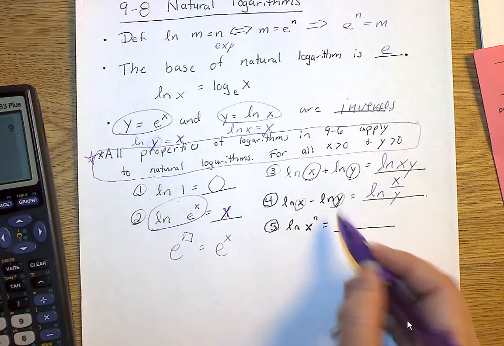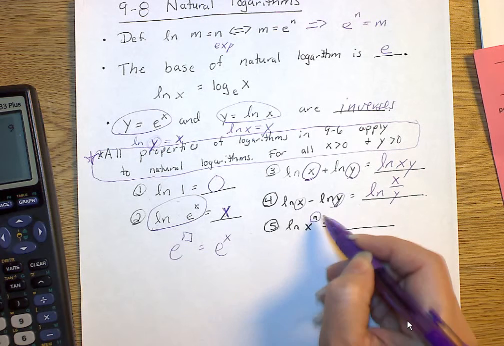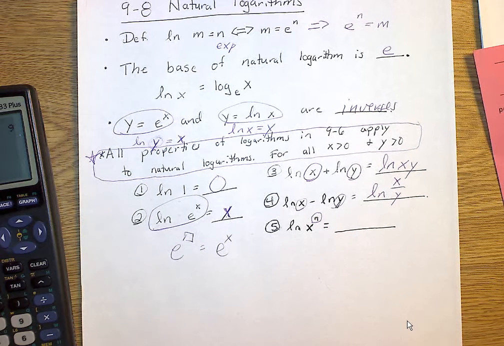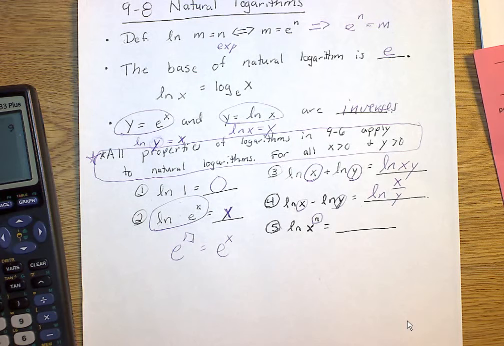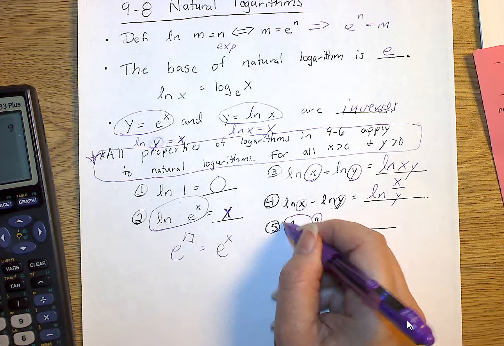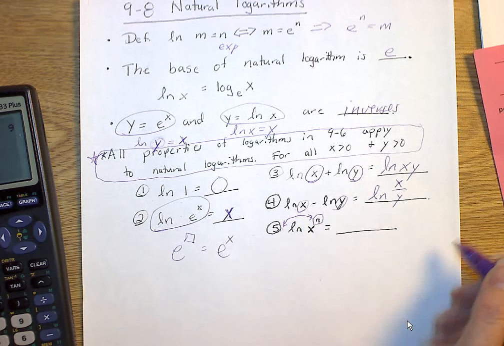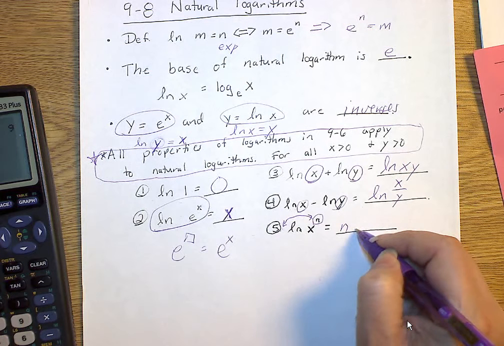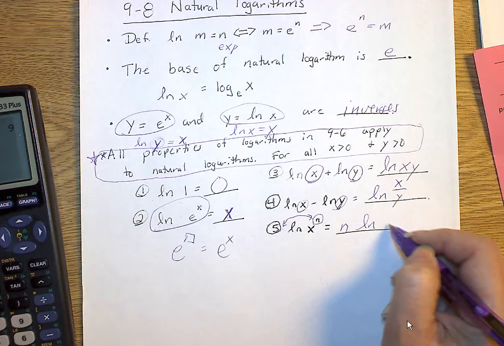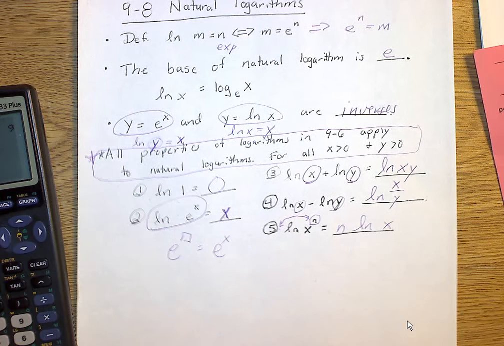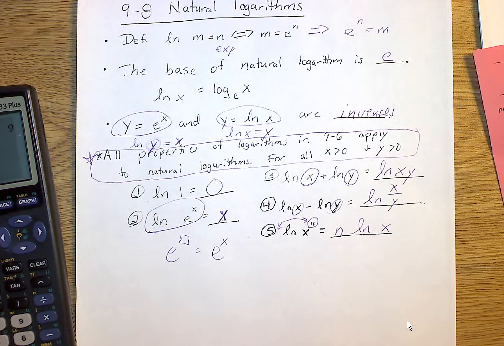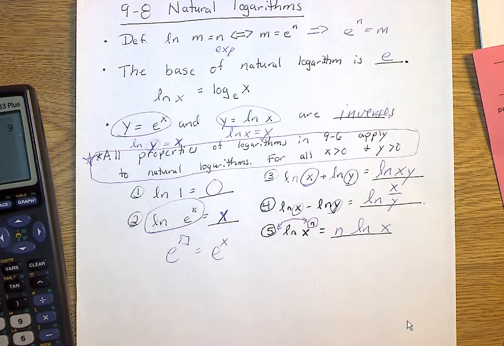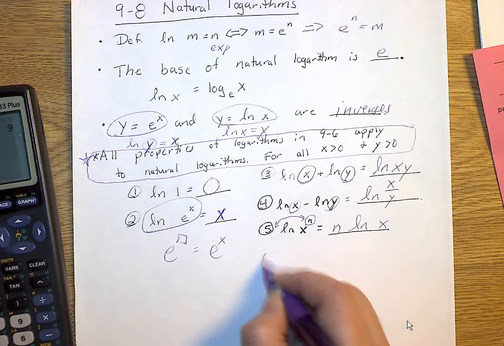Number 5 is my little guy, my favorite property of them all. What can he do? He can jump down, and he can jump up. So n times the natural log of x is what he can equal. But remember, he can go up and he can go down. He can jump all around. And here we have 6.